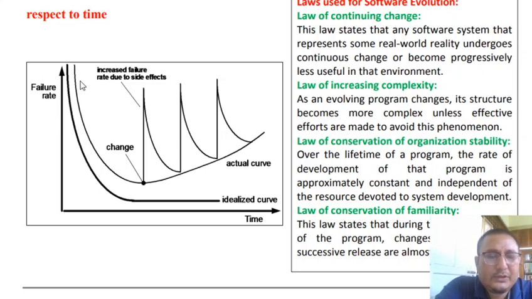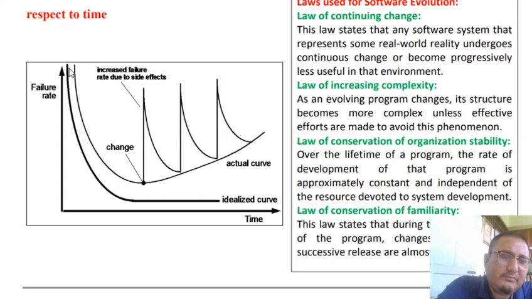Okay, right? So here I'll use the assistance of the mouse pointer to point to different time frames. You see, initially a software system may exhibit a very high infancy mortality. Very true.